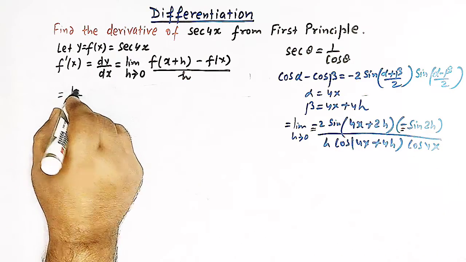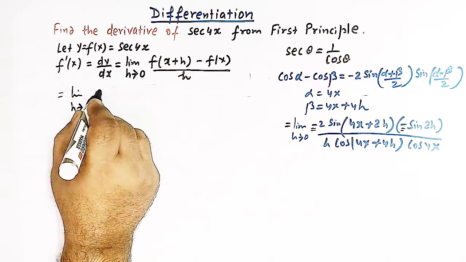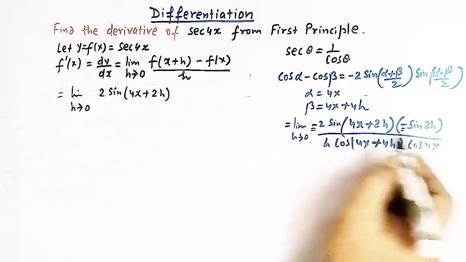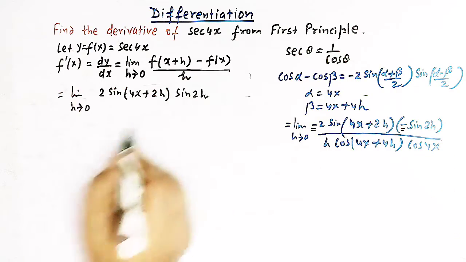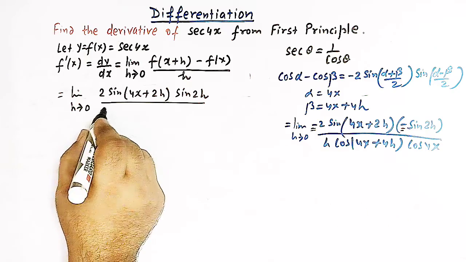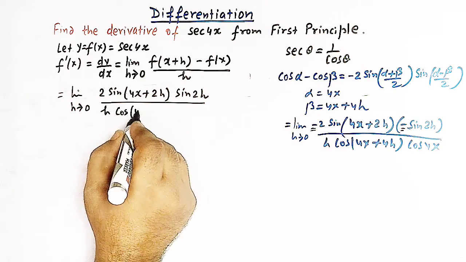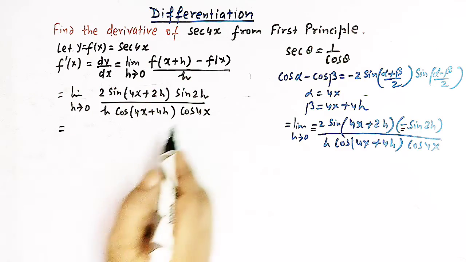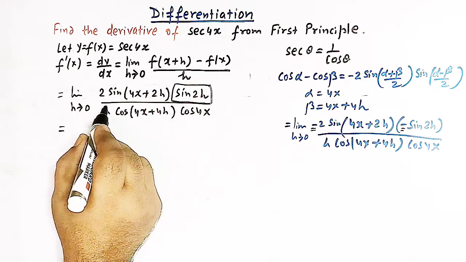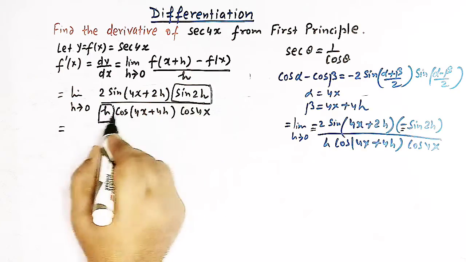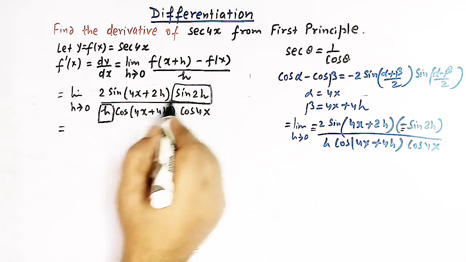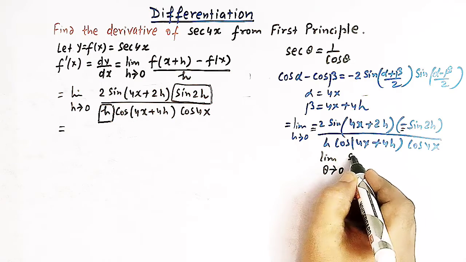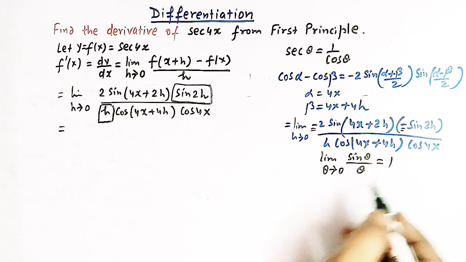So we have limit h tends to 0 of 2 sine 4x plus 2h times sine 2h, and in the denominator we have h times cosine 4x plus 4h times cos 4x. Now we have sine 2h and here we have h. We'll try to convert this limit into the form limit theta tends to 0 of sine theta over theta equal to 1.